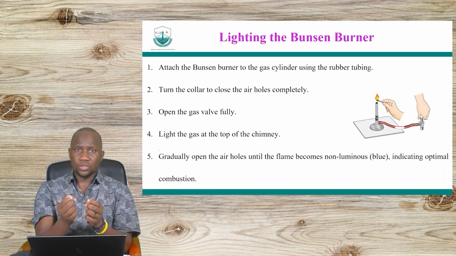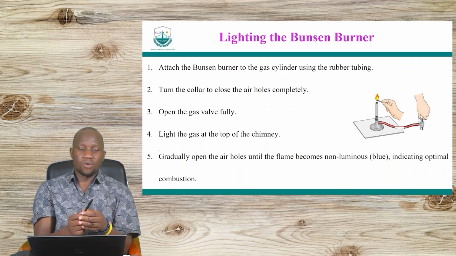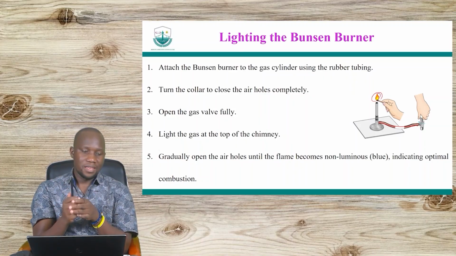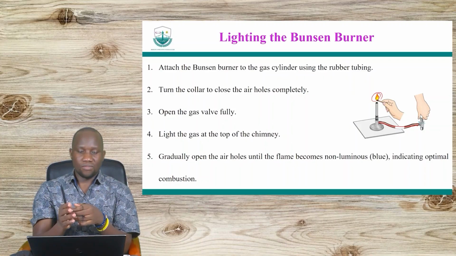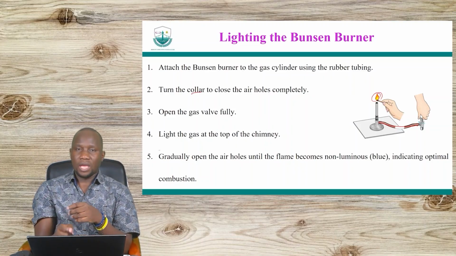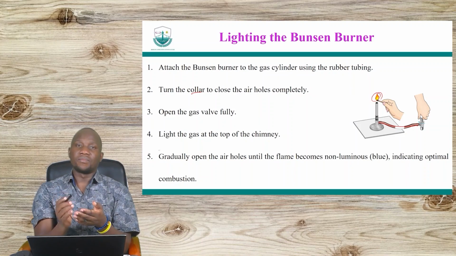You make sure that you minimize the chances of that happening. So close the air holes completely. Now you can turn the gas valve, and then you can light it. Since you have little air here, it will not be a big flame. Then gradually you open up the air holes using the collar, and then you will have your flame.